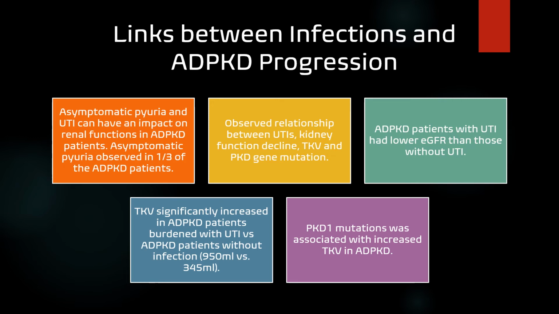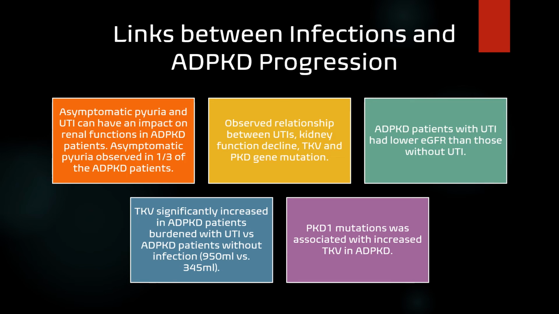There's an observed association between UTIs, urinary tract infections, renal involvement or renal insufficiency, and total kidney volume, aligned to PKD genetics.